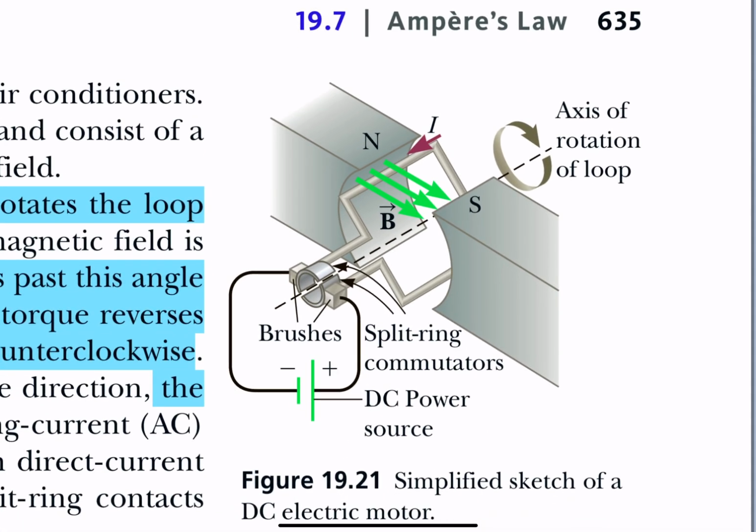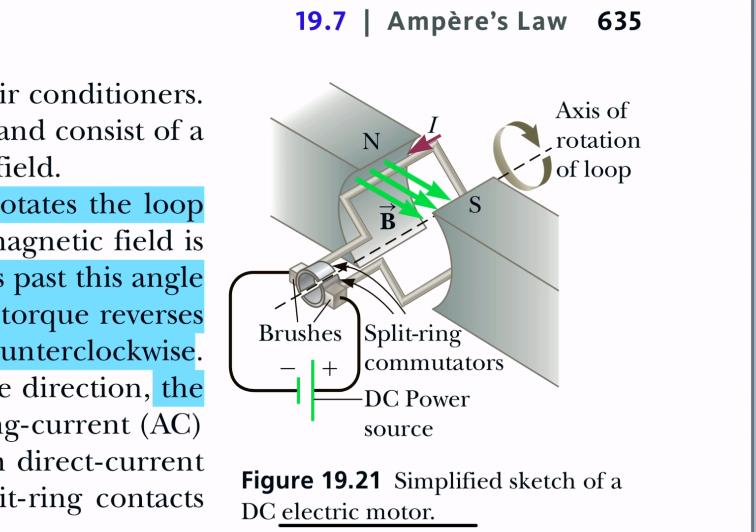And here you have a square loop, and instead of multiple turns of wire, for simplicity's sake, we just have one wire. It goes from left to right, entering the magnetic field, takes a sharp left-handed turn towards the North Pole, goes across the North Pole, takes a right-handed turn, goes towards the South Pole, comes across the South Pole, takes a right-handed turn, and then goes back to what we call the brushes, that are part of the split ring commutator, which I'll mention a little bit later.